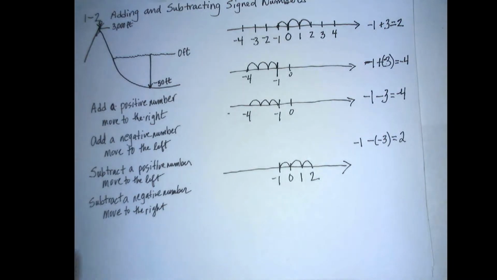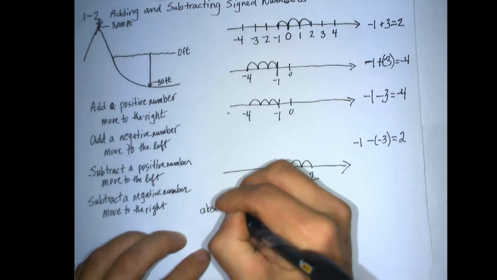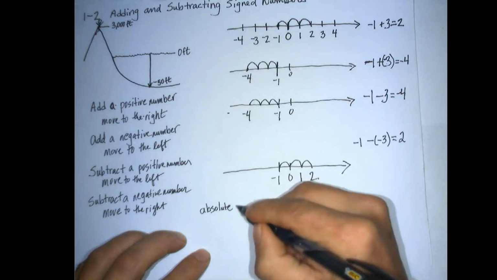And in order to understand the shortcut, as you want to call it, we need to understand the concept of absolute value. And a lot of people struggle with absolute value.